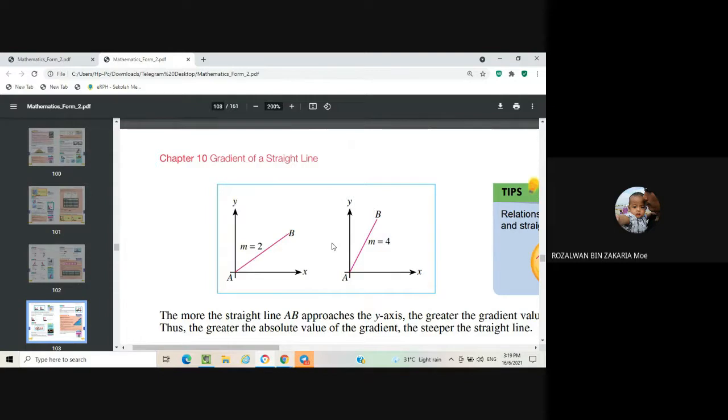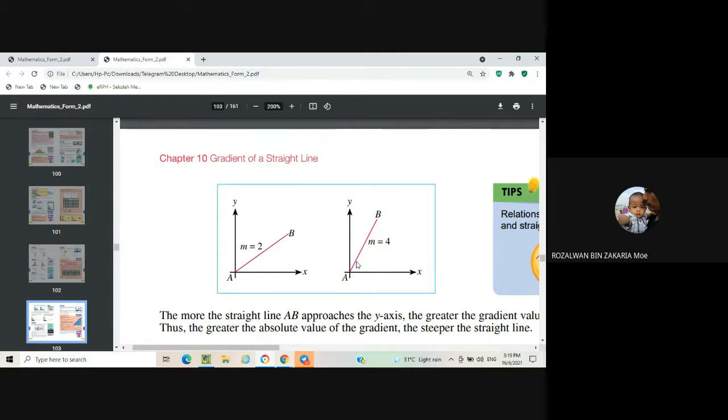The gradient for the second graph equals 4, so m equals 4. If you compare these two graphs, which one has a greater gradient? Surely the second graph, because m equals 4. This is the graph which has the higher gradient.